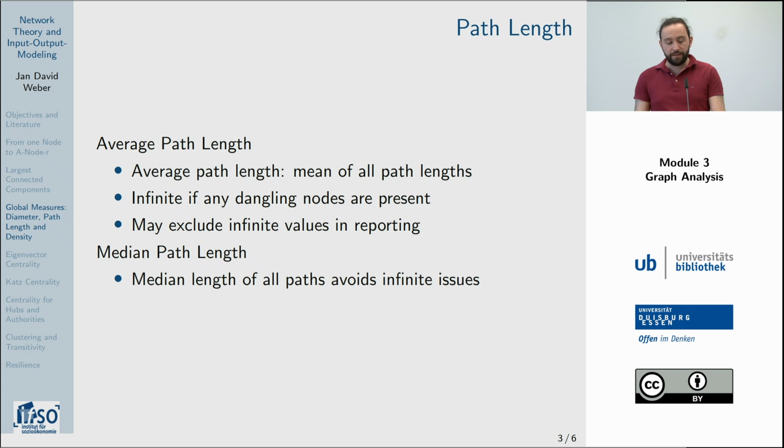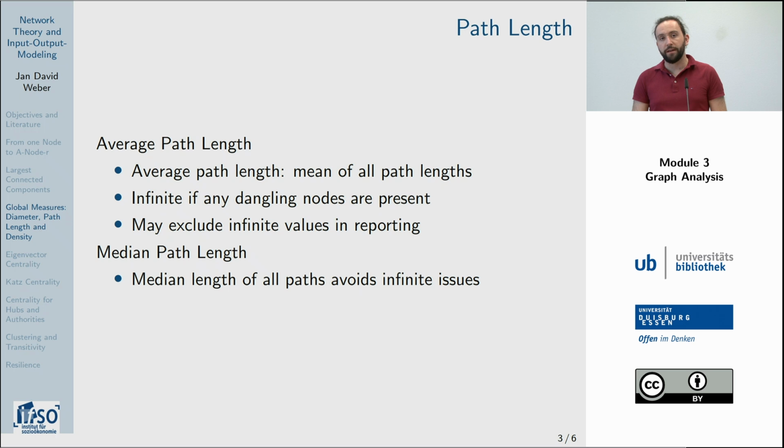The path length is also distance-based. You recall the walk on a path between two nodes, and we can look, as introduced earlier, at the average path length between the nodes and the mean of all the path lengths, depending on what you want to analyze, if you have dangling nodes, if you don't have dangling nodes. And we have also the possibility to look at the average path length.